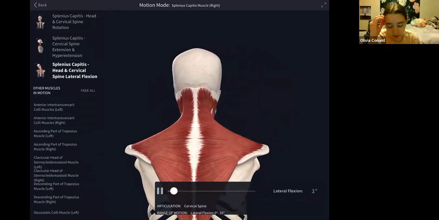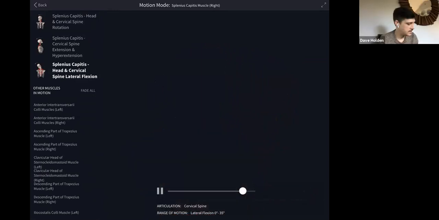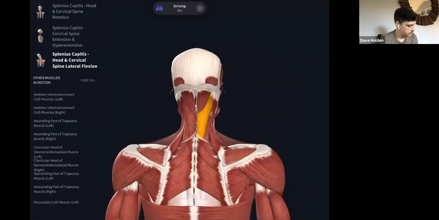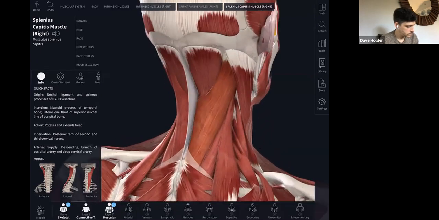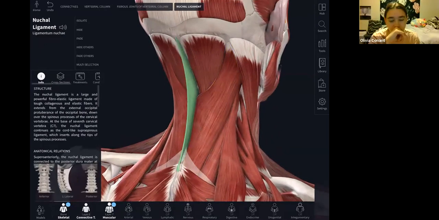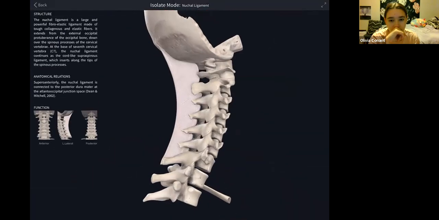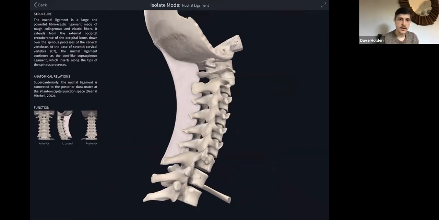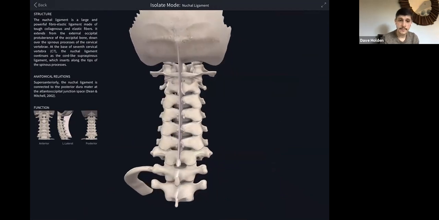Would you show where the ligamentum nuchae is? Nuchae. Yes. Nuchae, okay. This is the ligamentum nuchae. It is a dense strip of ligament that runs from the midpoint on the occiput, along its midline, and it connects the spinous processes down through all cervical vertebrae.